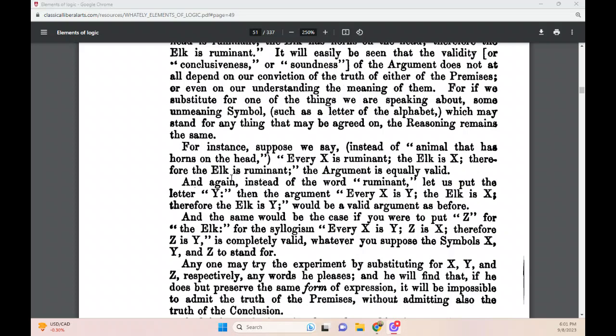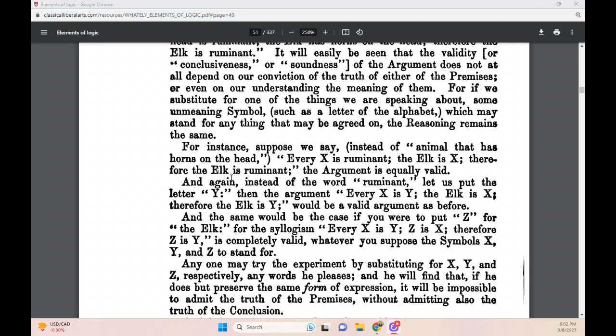Now what's different about this argument? Let's talk about the diagram real quick. Think about the diagram with me, and you may need to jot this down, but if we think in terms of diagrams, these arguments can be very easy to understand. Every X is a ruminant. Now what that means is, if we think of our diagram, we have a large circle of ruminant animals.